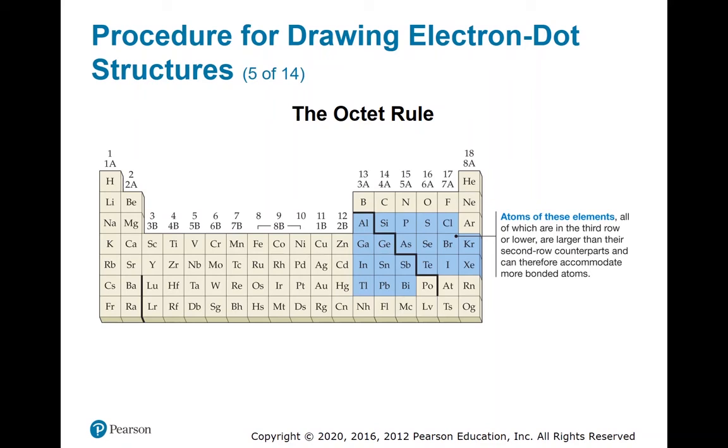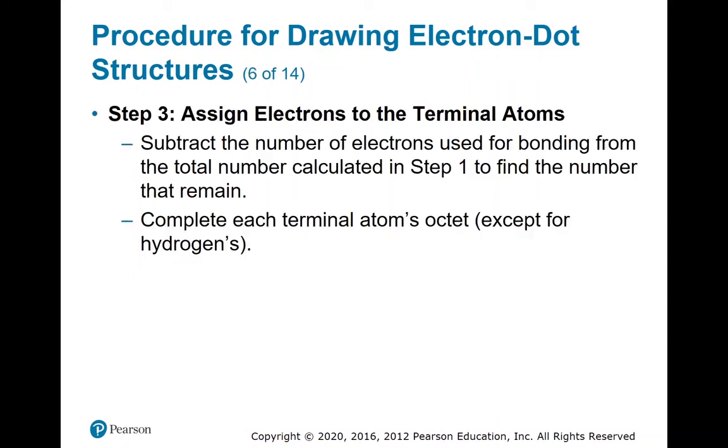The elements highlighted in blue there do tend, in many cases, to behave the same way as their row 2 equivalents in the same group, because they have the same number of valence electrons. However, they are larger atoms, and so there will be plenty of examples where they can actually have more bonds than you'd predict based on the octet rule. So that's step 2. I know it's kind of vague.